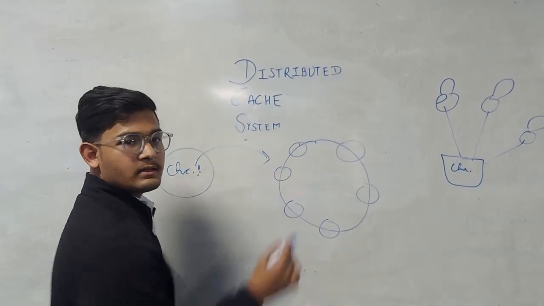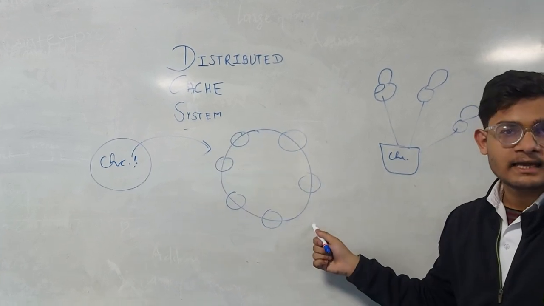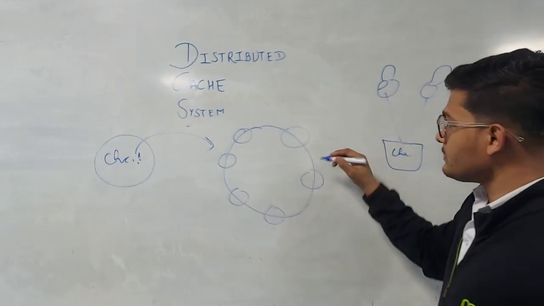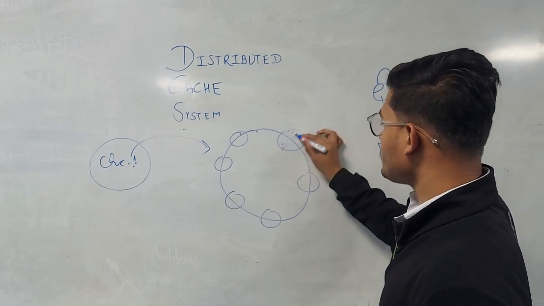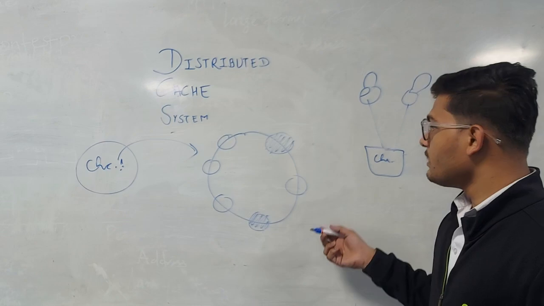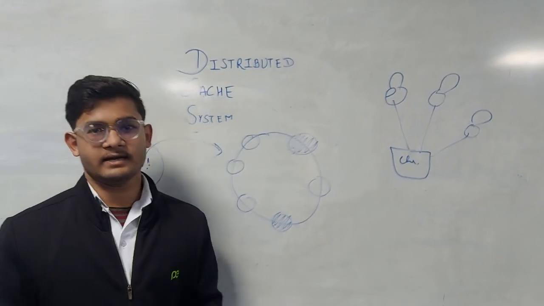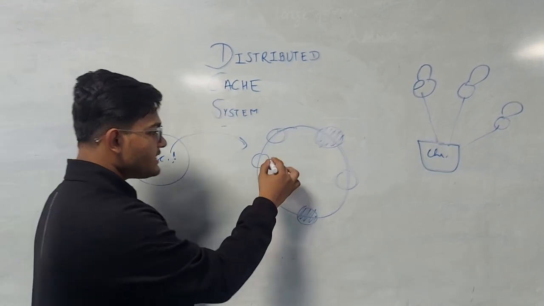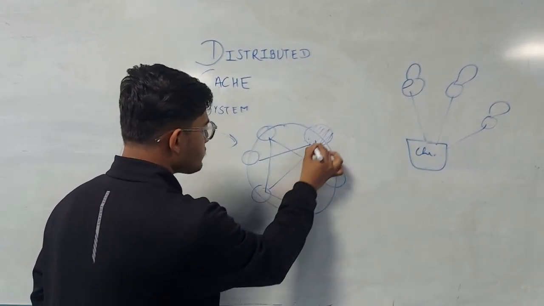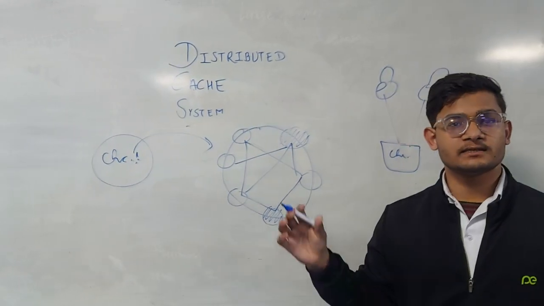And one more thing, each distributed cache has the same data, because if some cache fails during execution, we still have the data, which means we don't lose our data. And one more thing, each distributed cache is connected to the others so that data loss is prevented. This is used in the distributed caching system.